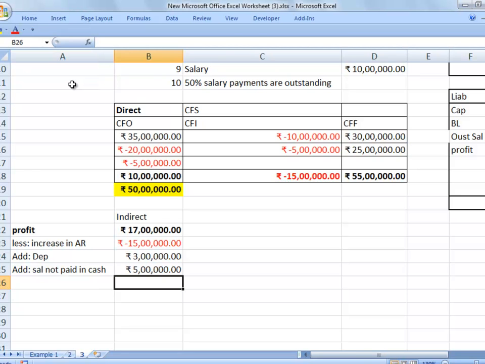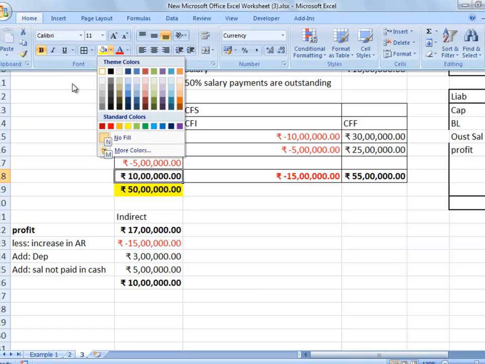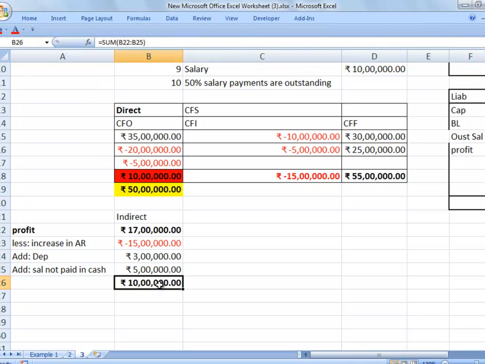And then once this is done, then we take total of all these numbers. The total comes out to be 10, which matches with what cash flow from operations we had earlier.